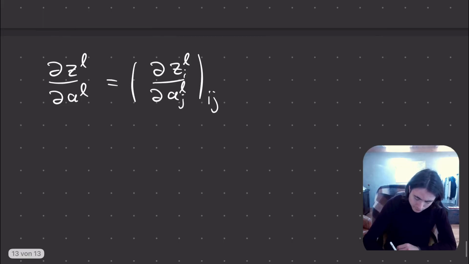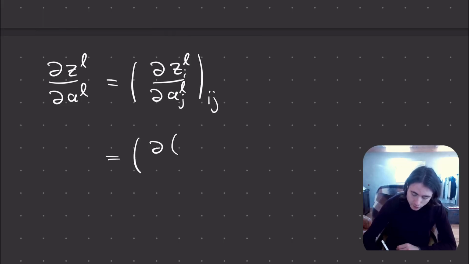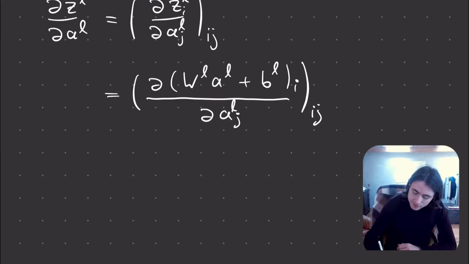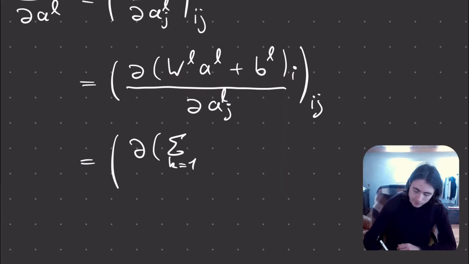And the reason this is useful is because now we can expand the definition of ZL, which was the matrix multiplication of these terms here plus the bias, and the ith entry of that vector. And now we can explicitly write down the ith component of this matrix multiplication. So what we are getting is a sum from k equals 1 to dl.